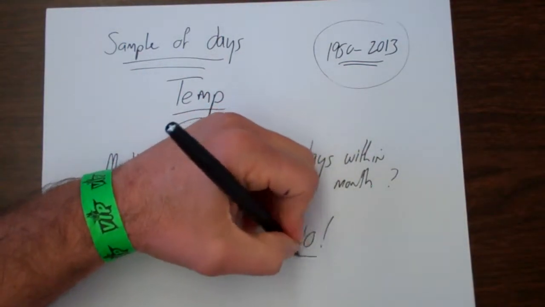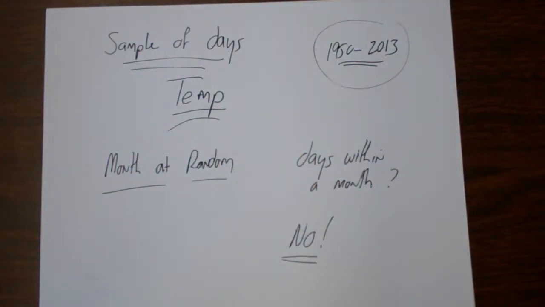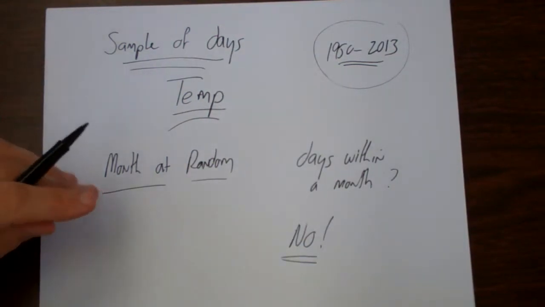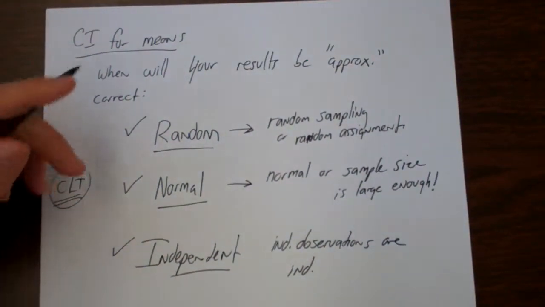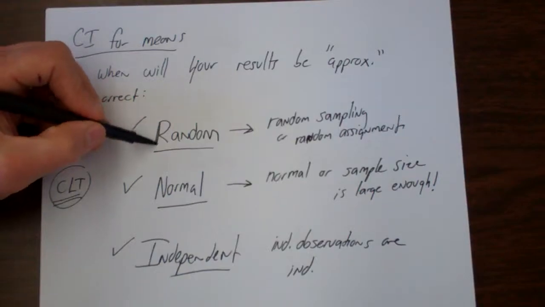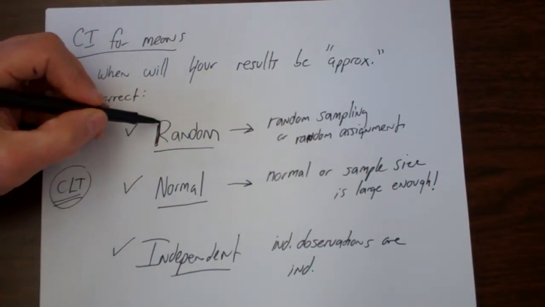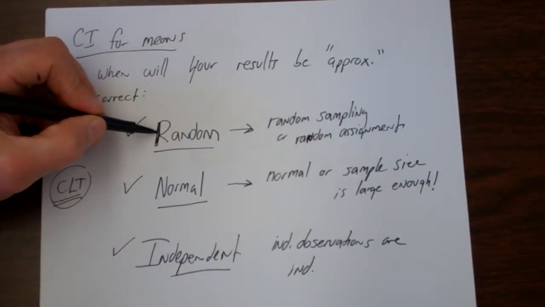What we know is that they're not independent, because what we know about temperature is that temperature often runs in streaks. We talk about hot streaks and cold streaks, and that's actually a physical phenomenon in weather. So if you took a month at random, days within the month would not be independent. That would be violated. So let's think about how these might be violated. A failure in your sampling would violate randomness.